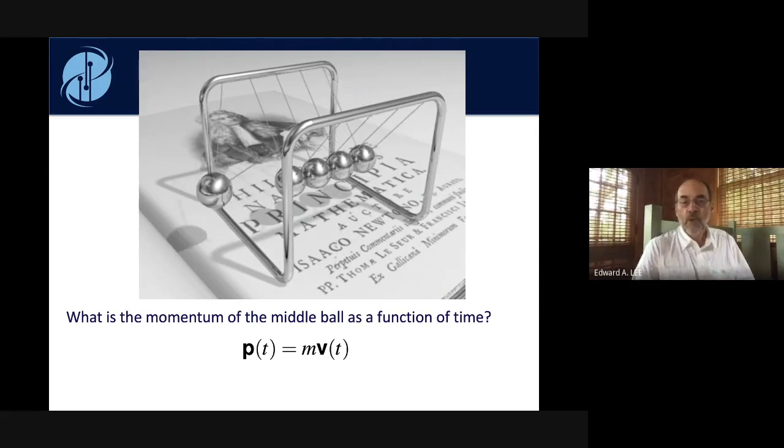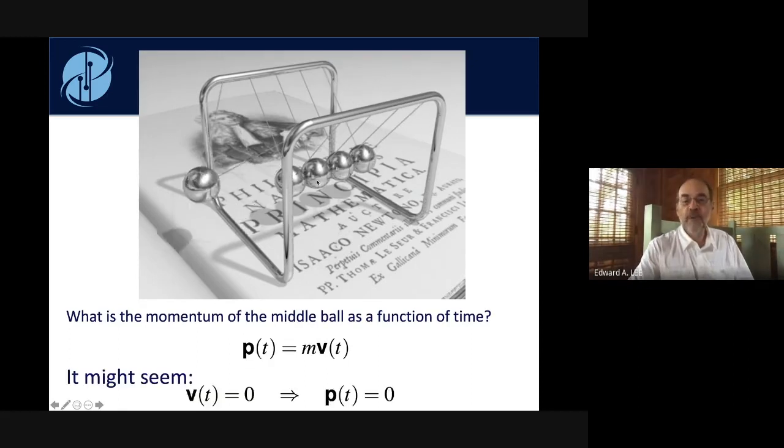I ask you the question, what is the momentum of the middle ball as a function of time in the model? And you might say, well, it doesn't move, so its momentum must be zero. But its momentum can't be zero at all times, because the momentum of the left ball transfers to the momentum of the right ball through the middle ball. So how would you model this mathematically?